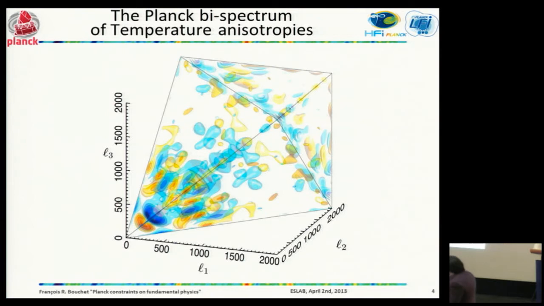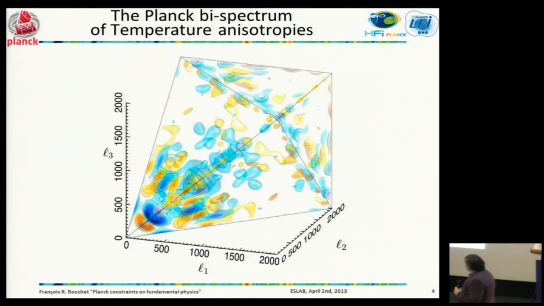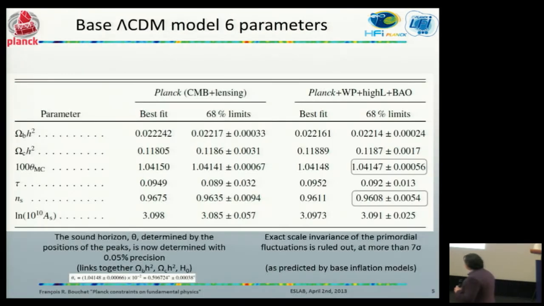You can think of these as 3 axes, 3 multipoles, and the contours we are showing are the value of the 3-point function as a function of these 3 numbers. This complements and adds more information on top of the 2-point statistics, in terms of all that we can extract from this, and I'll be making a lot of use of it.